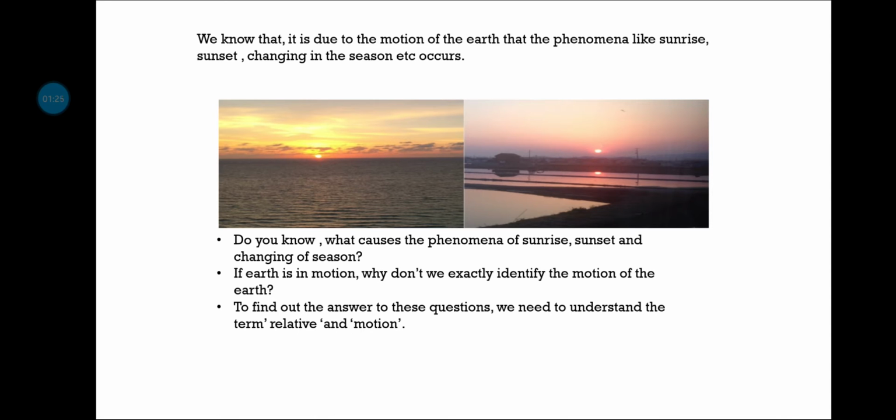Do you know what causes the phenomena of sunrise, sunset and changing of season? As we all know, earth rotates about its axis, meaning it is continuously moving. So, if earth is in motion, why can't we exactly identify the motion of the earth? To find out the answer to these questions, we need to understand the terms relative and motion.